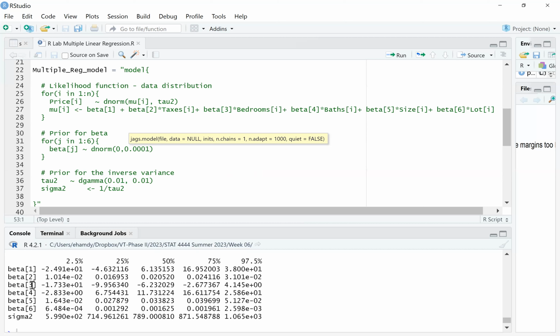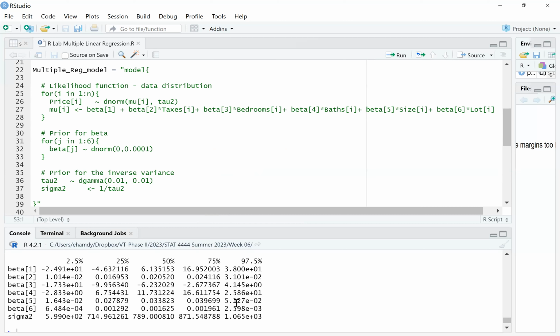Beta 3, which is beta 2 in our lecture note, is for bedrooms. The lower limit is negative, upper limit is positive. It means bedrooms has no impact on the response variable price. When you look at this beta for the baths, lower limit is negative, upper limit is positive. This one doesn't have impact on the response.